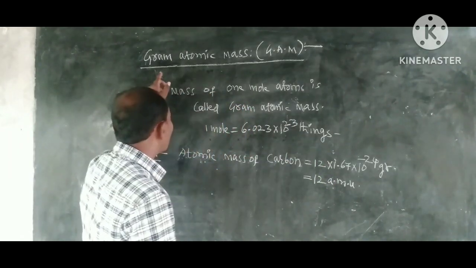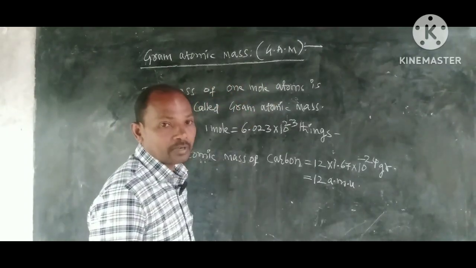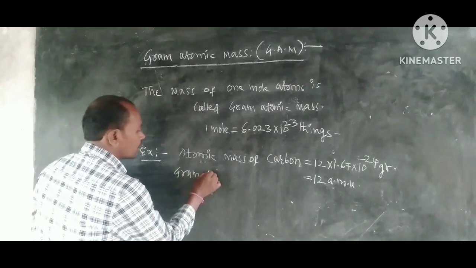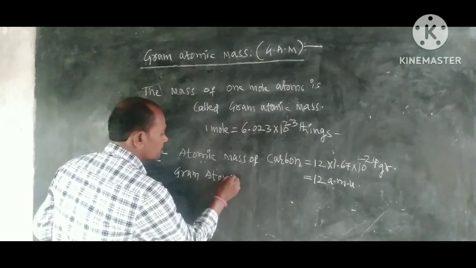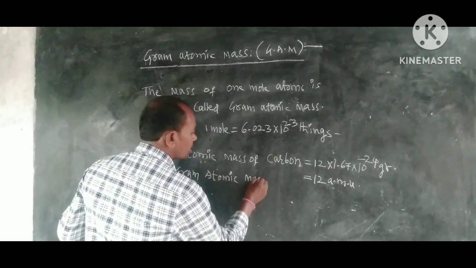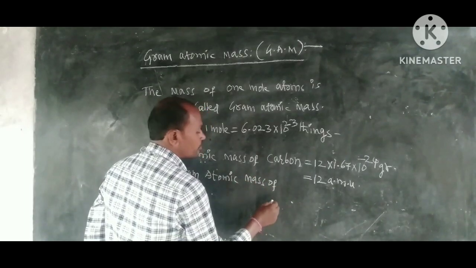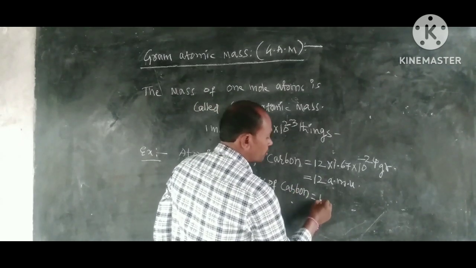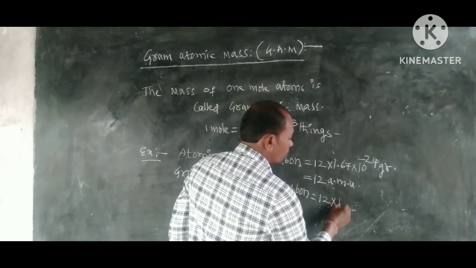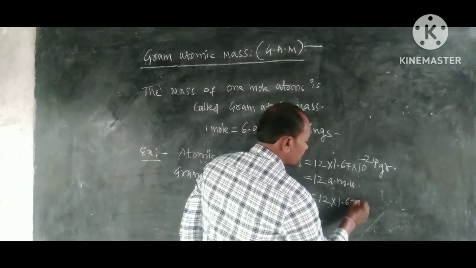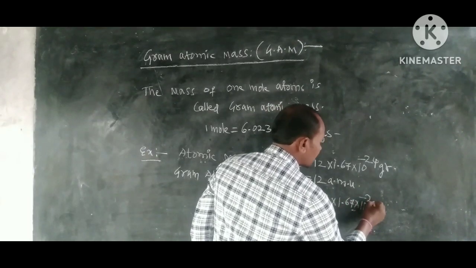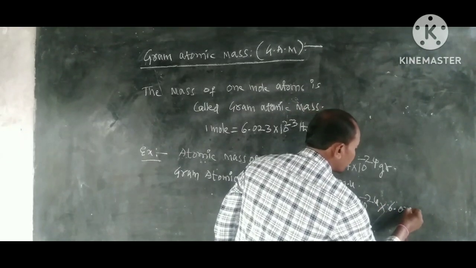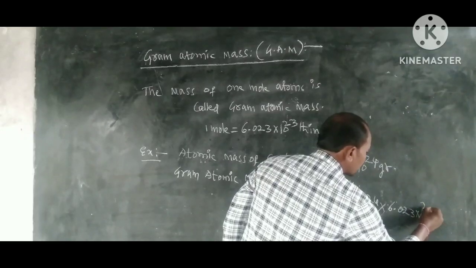But the gram atomic mass of carbon is equal to 12 into 1.67 into 10 power minus 24 into 6.023 into 10 power 23.